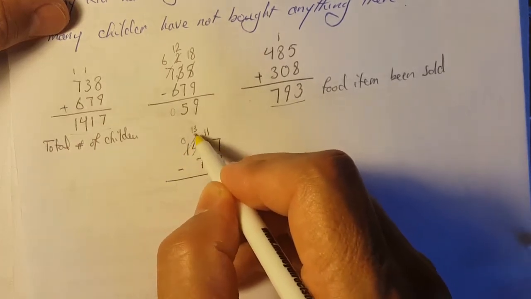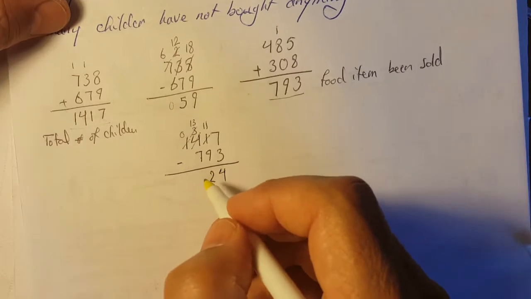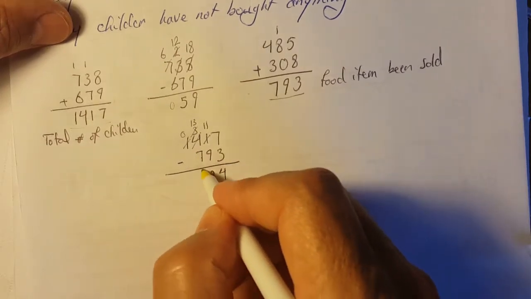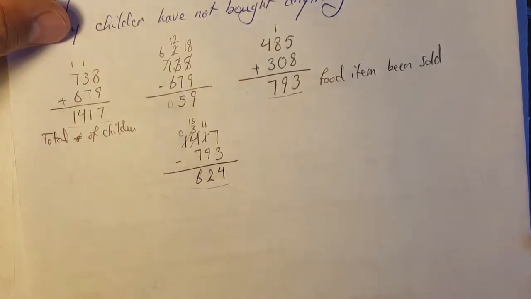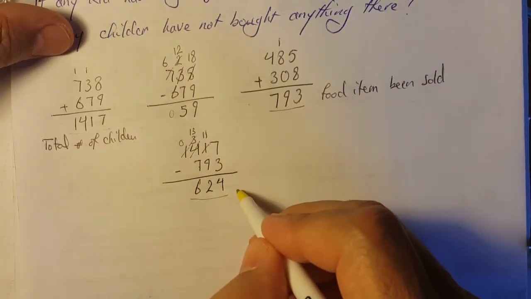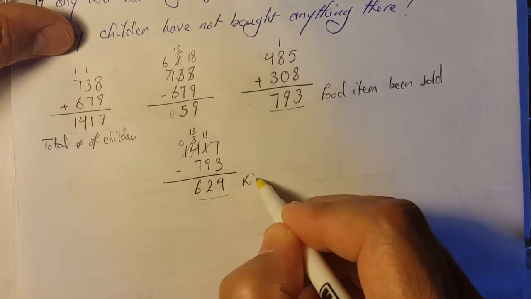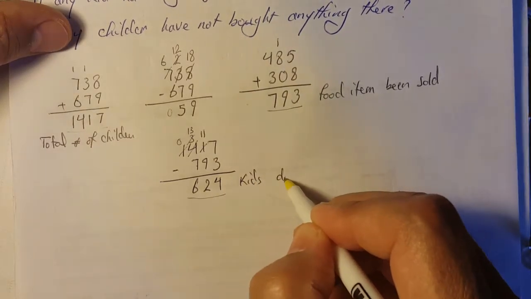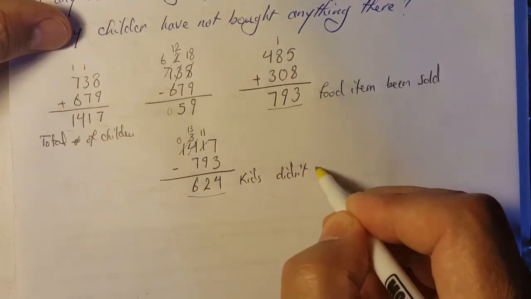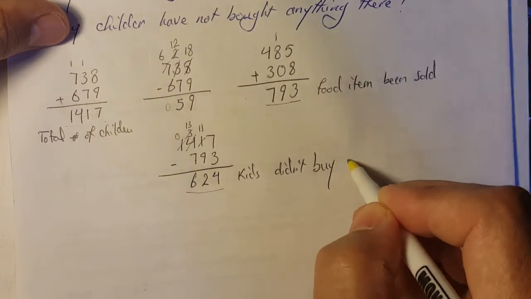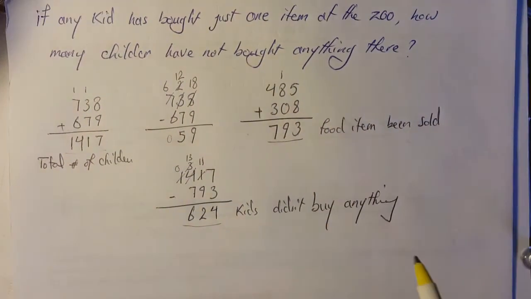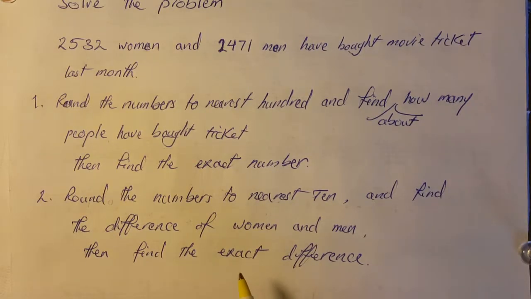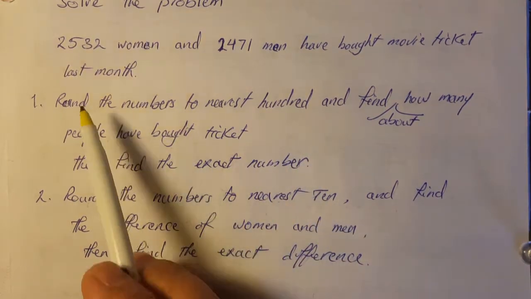This will be 13. 13 minus 7 is 6. 0. So 624 kids didn't buy anything.